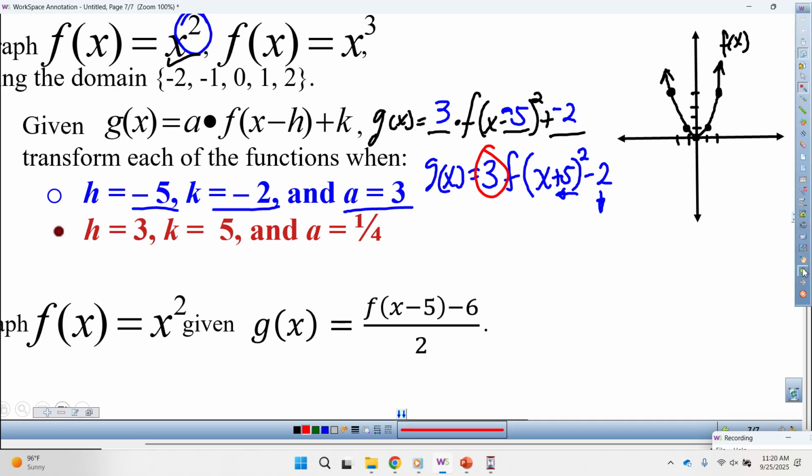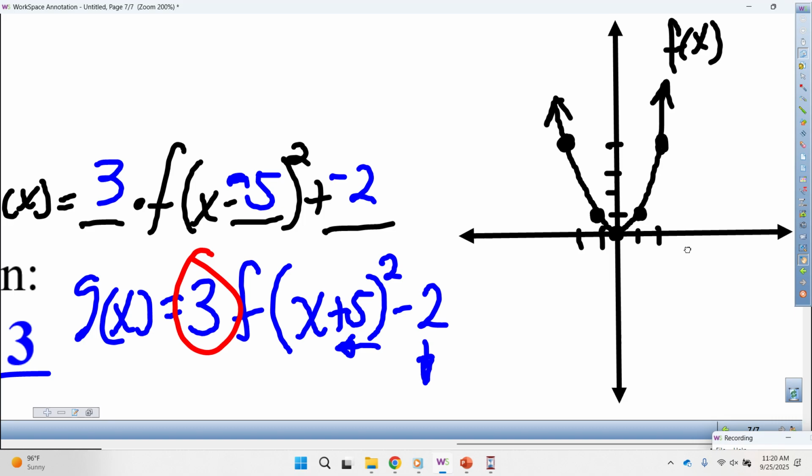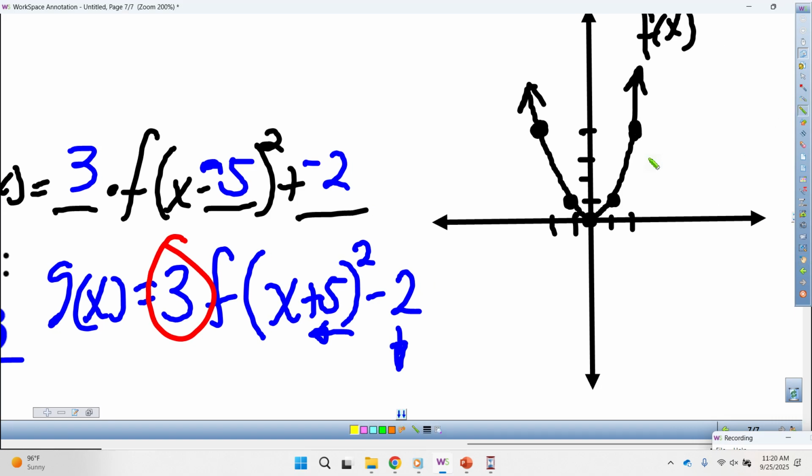So, let me zoom in. Here it goes. This point is at -2, 4. Is that correct? -2, 4.